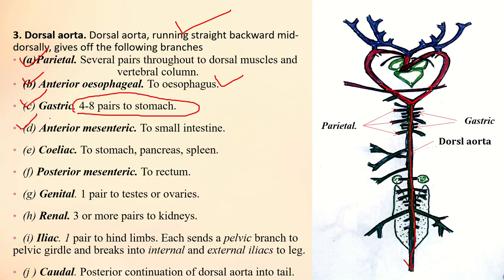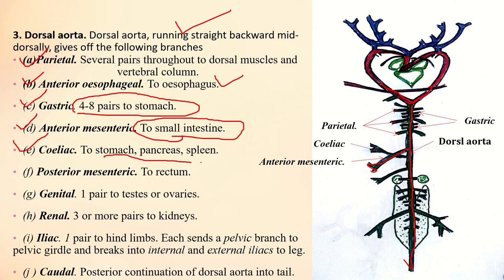Then the anterior mesenteric, which forms from the right side of the aorta, supplies blood to the intestine, the small intestine particularly. Then the coeliac, which supplies blood to the stomach, pancreas and spleen, and also has a connection with the digestive system.